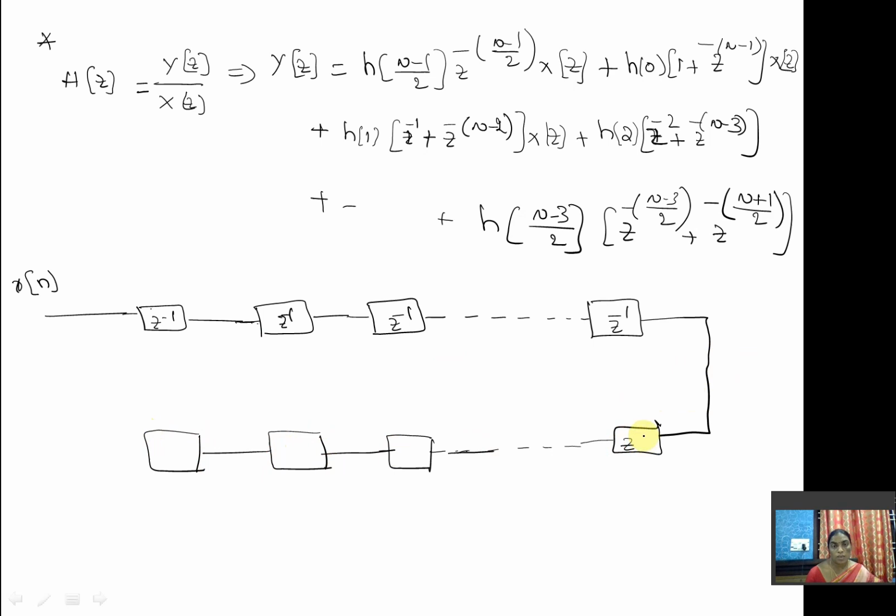So N odd means an even number of delay units are required. Remember, that's the only difference here. Now same thing, same structure. You just take the summer, and now use the multiplier here also, here also.